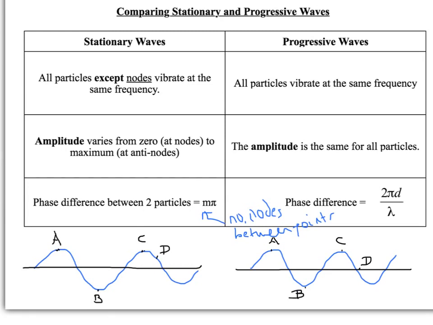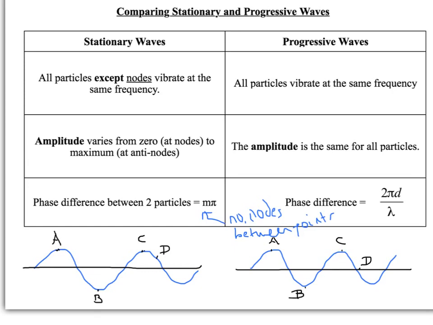Not quite the same here with the progressive wave. So we've seen this equation here earlier. If you look at this diagram here, A and B, so we've got half a wavelength between A and B. Put that into your equation, you get pi, so you've got 180 degrees or pi radians out of phase, so they're completely out of phase with each other.